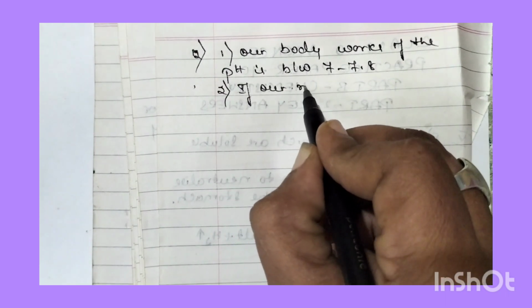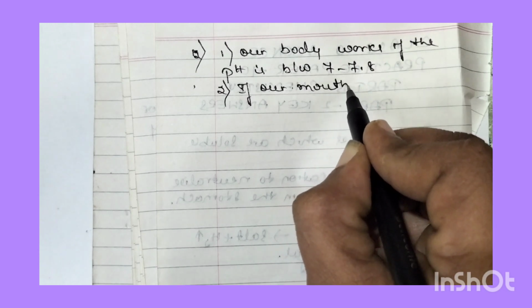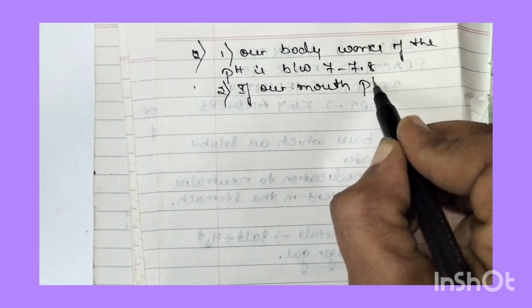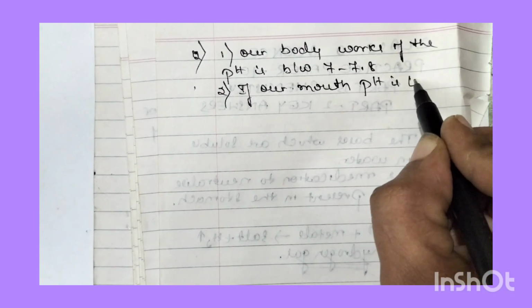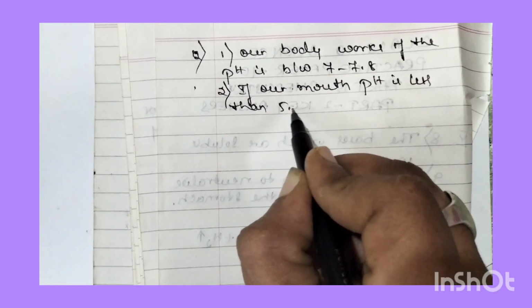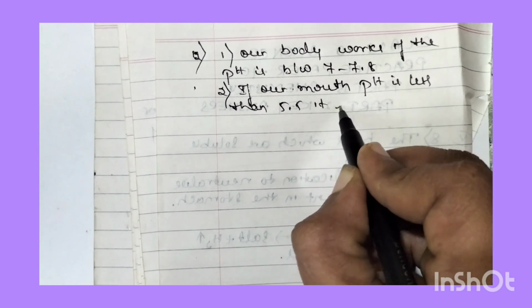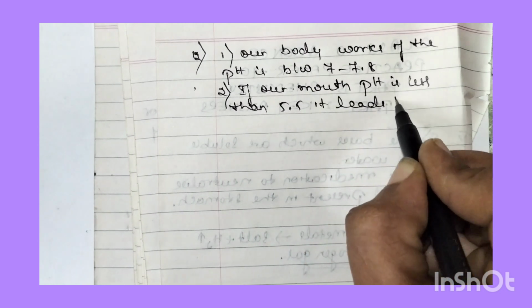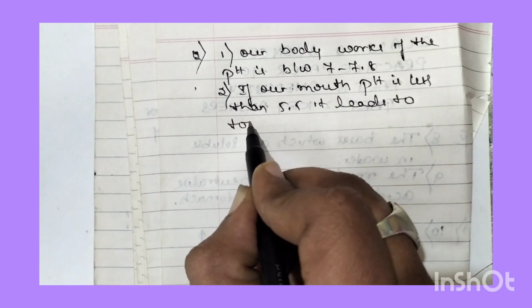If our mouth pH is less than 5.5, it leads to tooth decay.